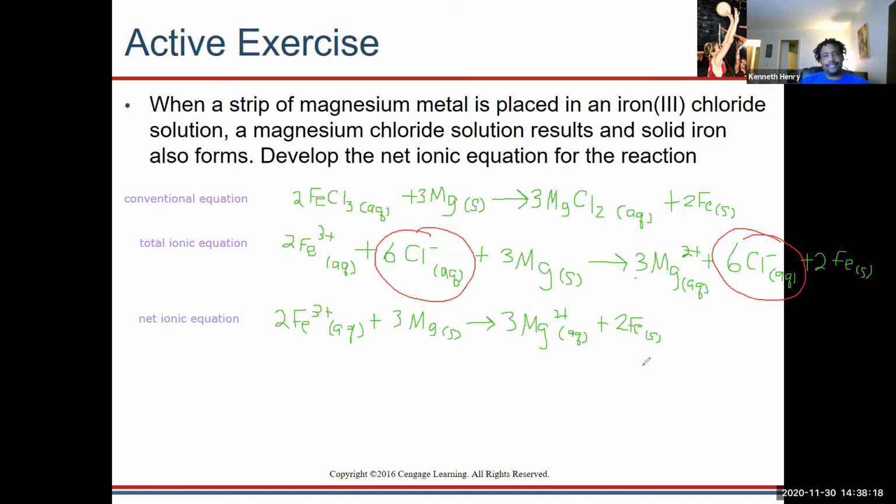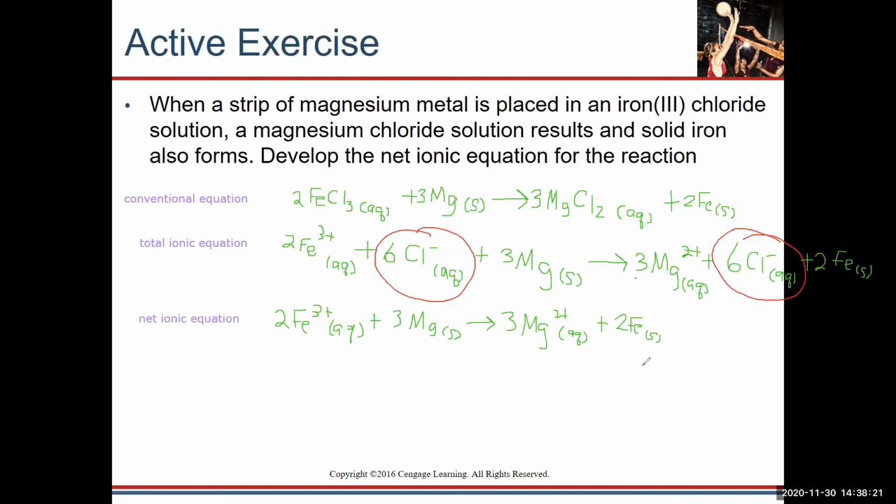Piece of cake? Yeah, it's a little easier now.